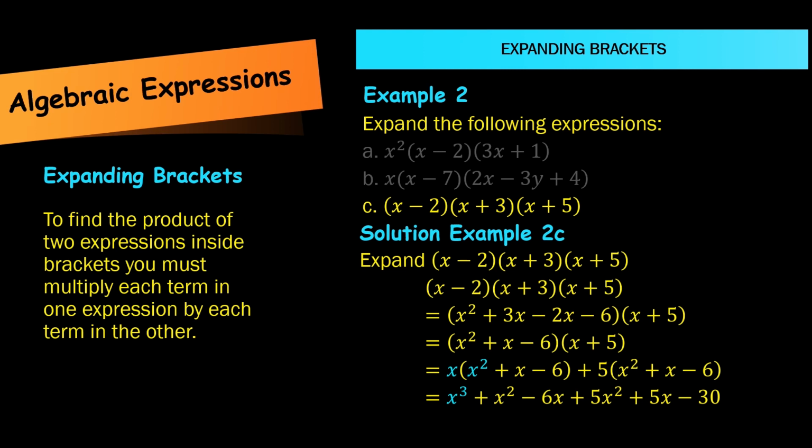X times x squared, x times x, x times minus 6, 5 times x squared, 5 times x, and 5 times minus 6. And then we tidy up. X cubed, the x squared terms, the x terms, and finally the constant term.